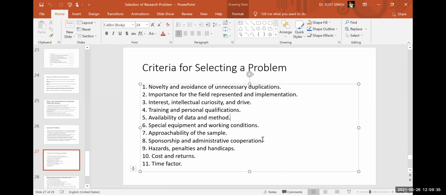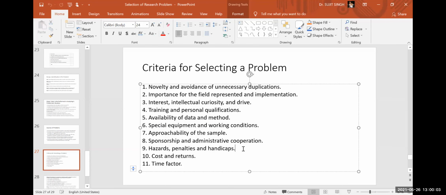Sponsorship and administrative cooperation: some sort of sponsorship in terms of funds, etc., is available or not. If you want some administrative cooperation, like going to some industry on behalf of the TVT, or the TVT giving you an authorization letter or something like this. What are the hazards and penalties? There should not be so much risk.